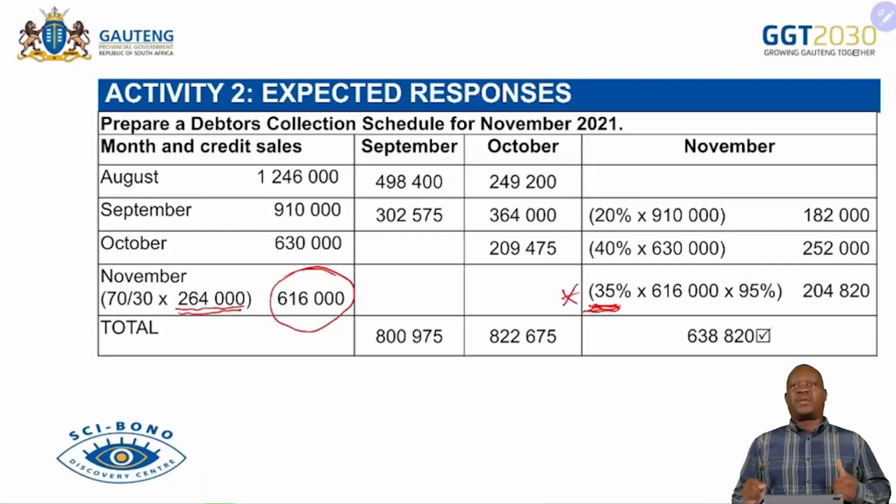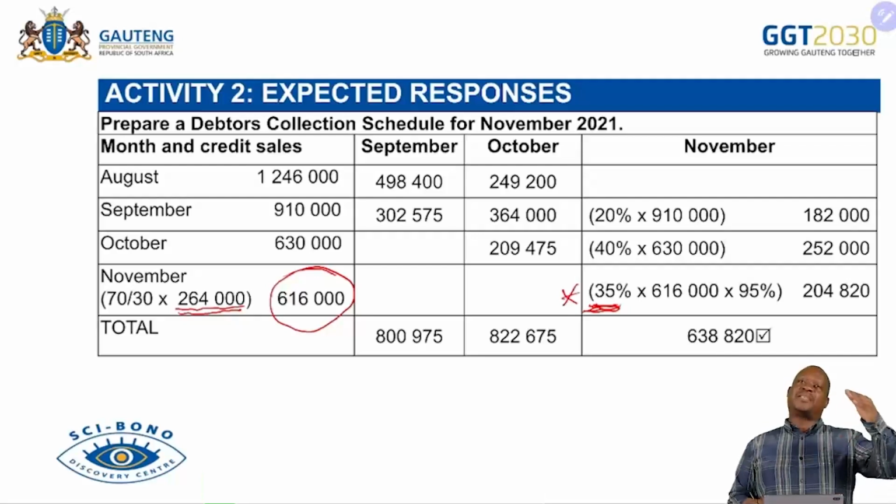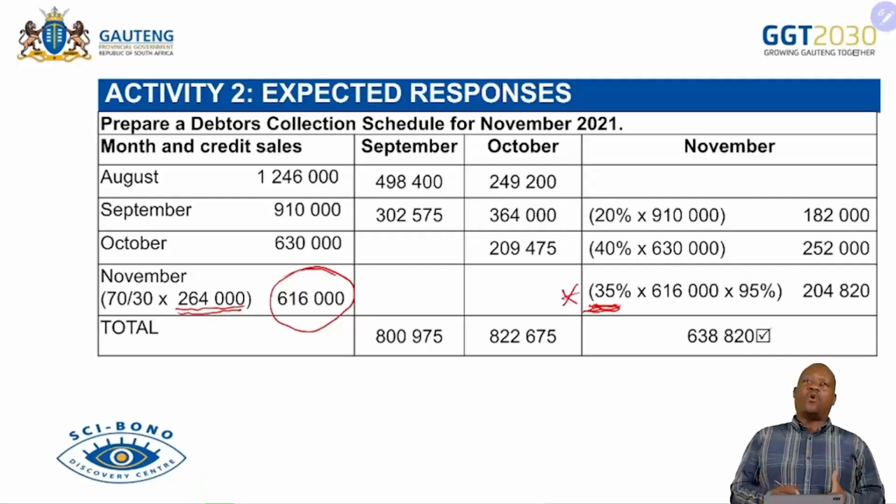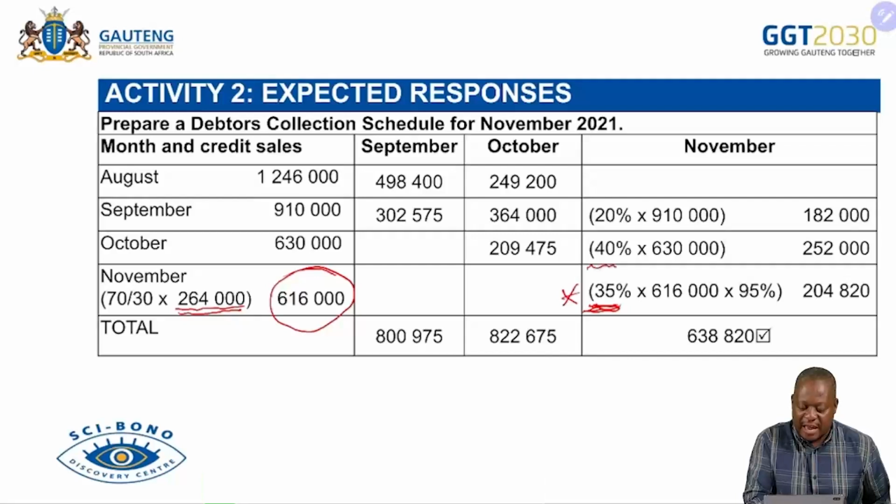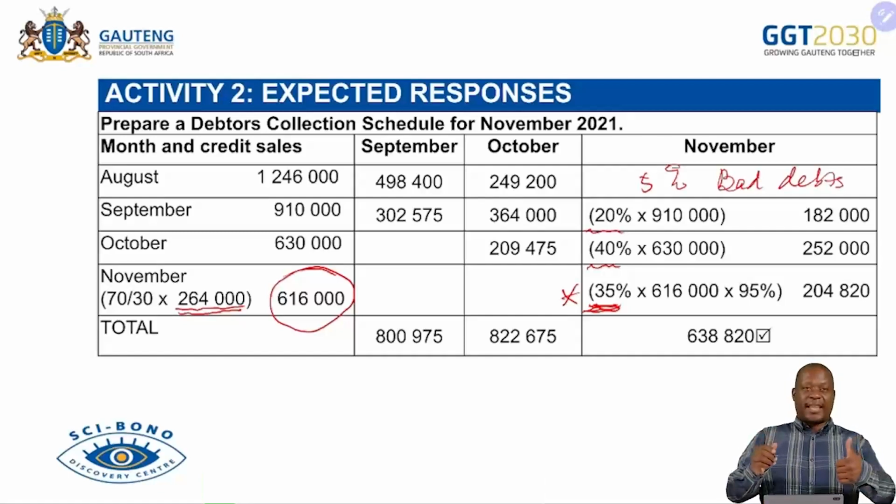Let's deal with the 35% to start with. So you can see now the 35% that is in the month of sale always now gets to the last month, followed by the 40%, followed by the 20%. And remember, if we were to calculate bad debts, the 5% would be here for bad debts. Are we still together there?